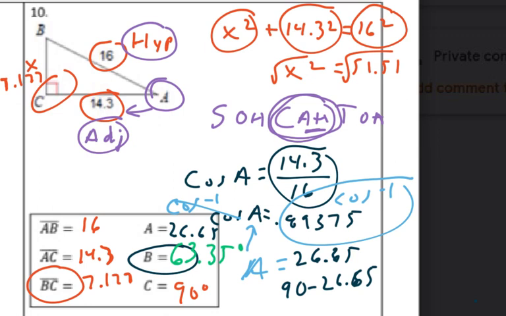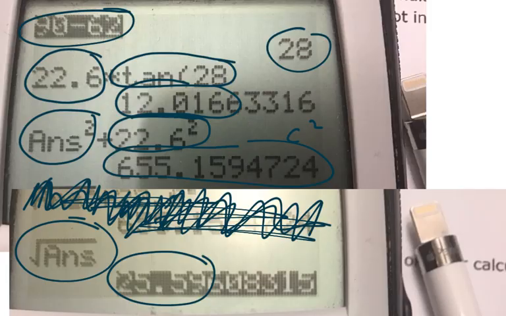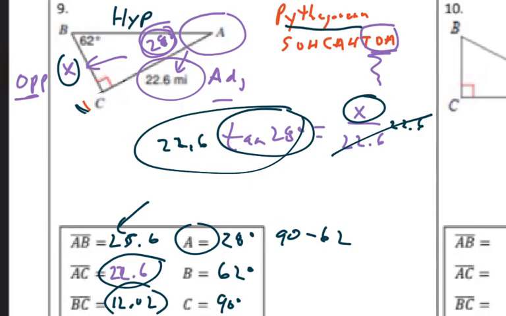And in our case, we used cosine with angle A to find angle A first. We could have found angle B using sine, okay? And then we would have done 90 minus that to find angle A instead. But you've got to know all of this: SOHCAHTOA, Pythagorean theorem, triangles always add up to 180, etc.